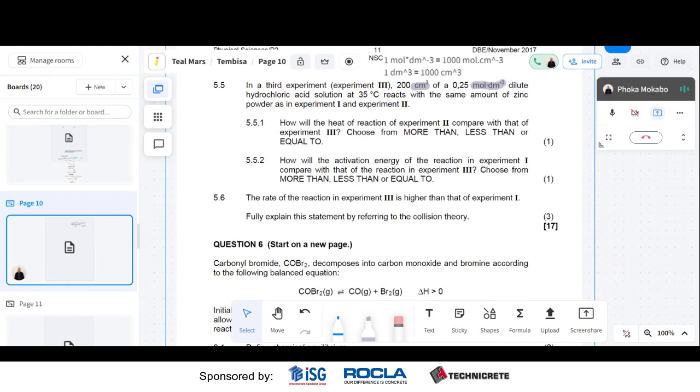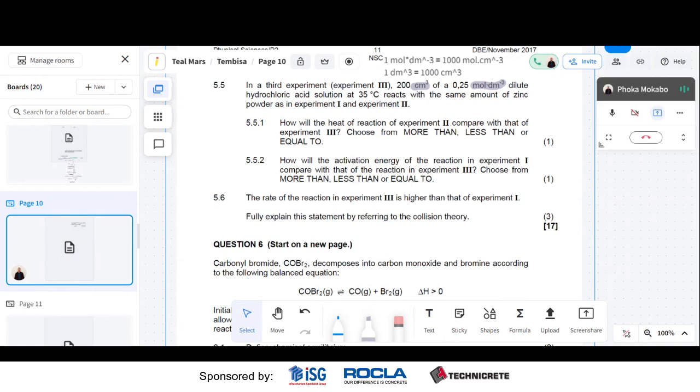So if you have to fully explain this by referring to the collision theory, basically, given the fact that experiment 3 occurs at a higher temperature, the average kinetic energy, which is related to the temperature, would be higher. Higher temperature, higher average kinetic energy of the particles. What do we mean by that? The average movement of the particles would be higher.